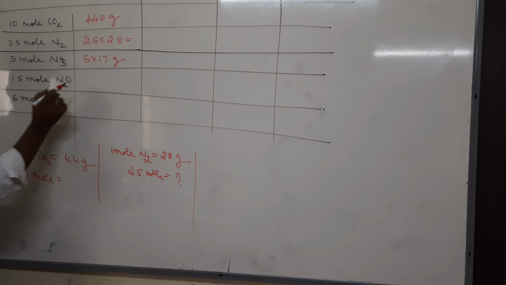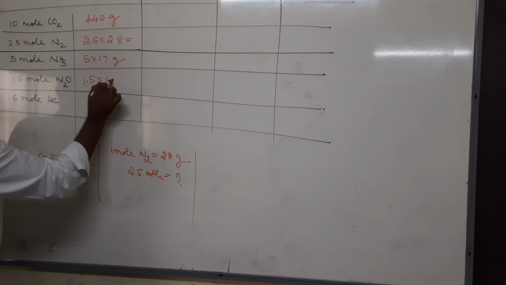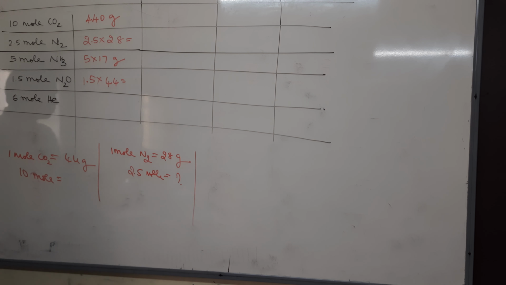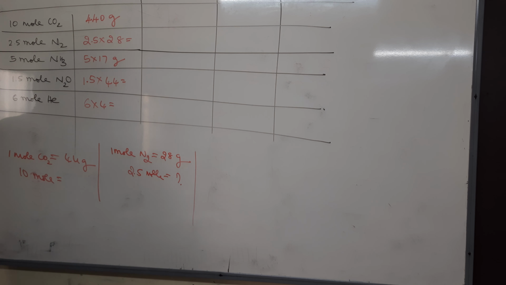Next, 1.5 moles of N2O: 1.5 into 44. Next, 6 mole helium. What is the atomic mass of helium? 4. Therefore 1 mole is equal to 4 grams, 6 mole is equal to 6 into 4 grams. That's it. In this way you can calculate mass.